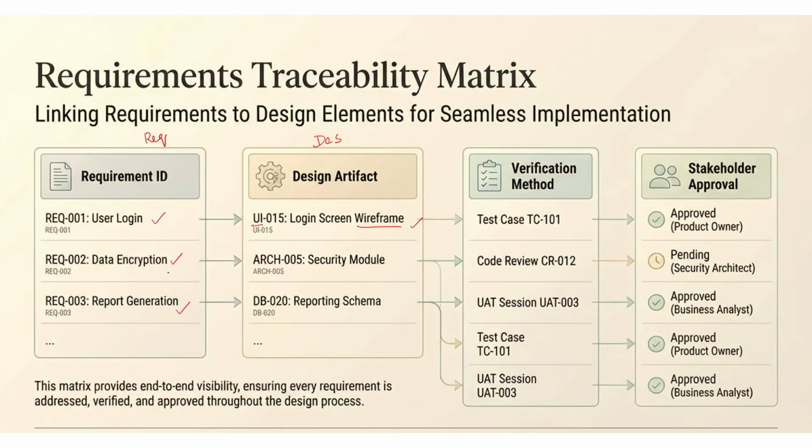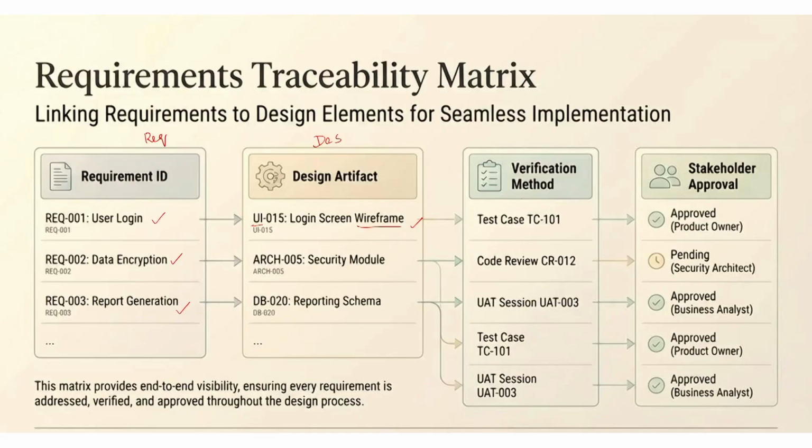For data encryption, it is something related to your architectural things. Which encryption algorithm you are going to use, say firewall or whatever, something related to your security, a non-functional thing. So here it is coming under your security module. The third one is report generation.